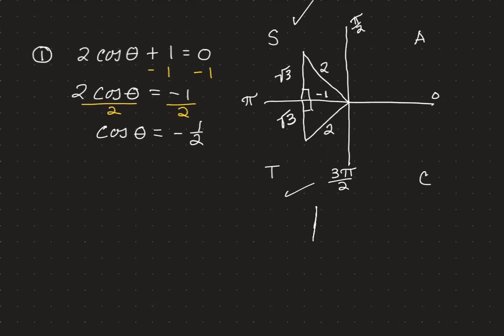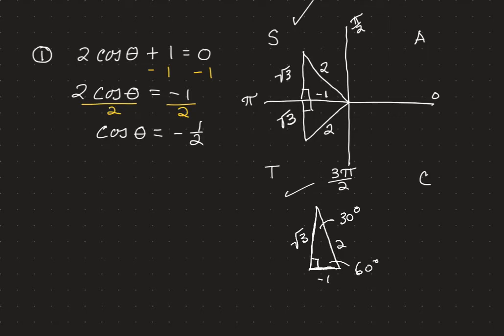Let me redraw one of those special triangles a little more to scale because I want this side to be noticeably shorter than the other. Okay, I'm redrawing the one that's in the second quadrant. This is a 30, 60, 90 triangle. The 30-degree angle is always opposite the smaller side, and the 60-degree is opposite the larger side.